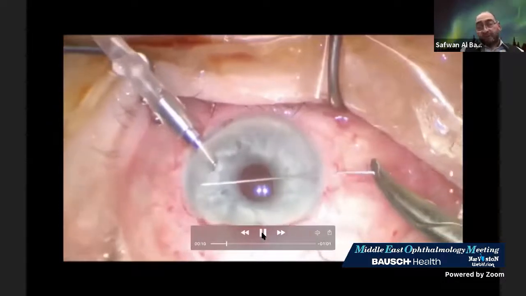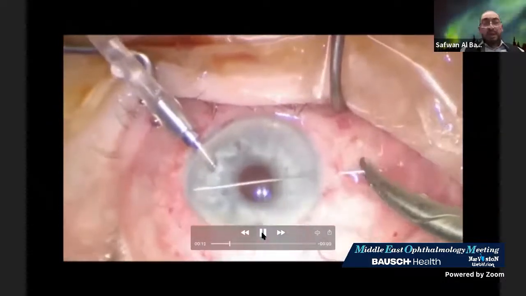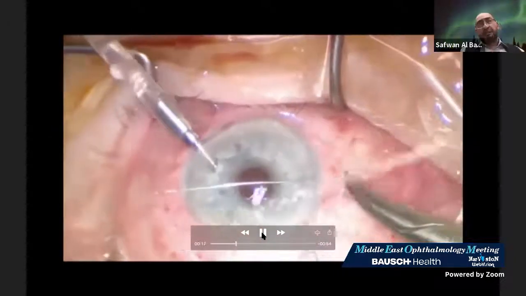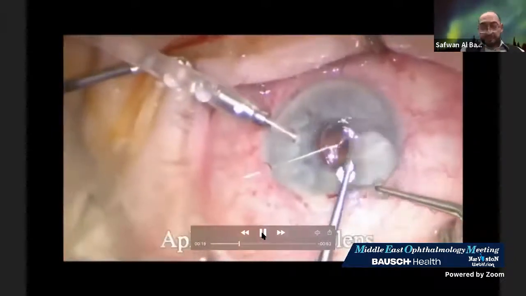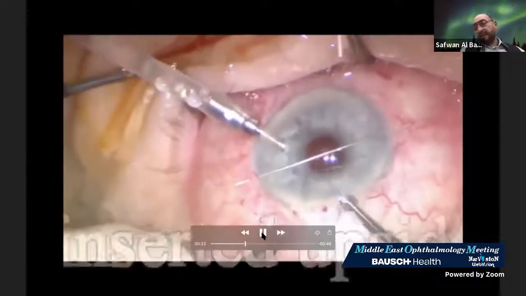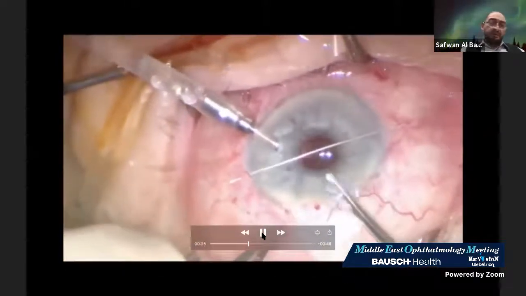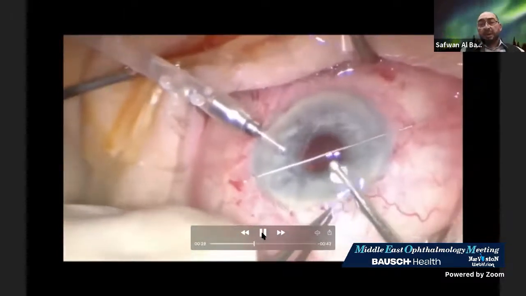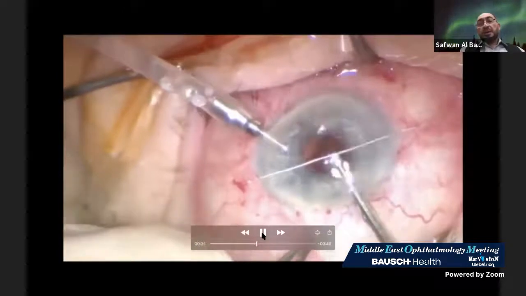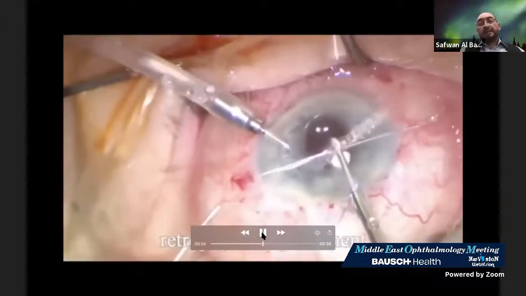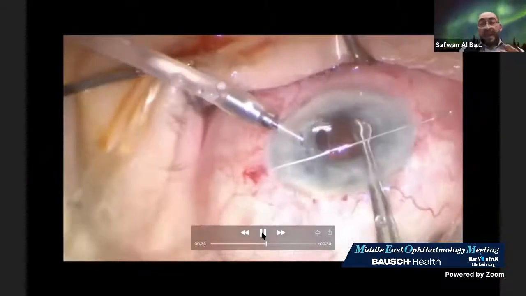This is a polypropylene 10-0 needle. He puts it in at 10-9 for enclavation of the lens from the back, on both sides, holding the lens inside through around 6.2 or something, because this is an unfoldable. We can use a foldable. Anyway, he put it in and rotated, and then he implanted it inside.